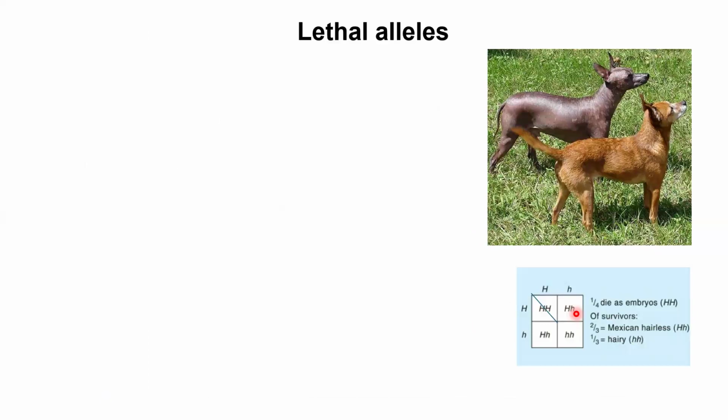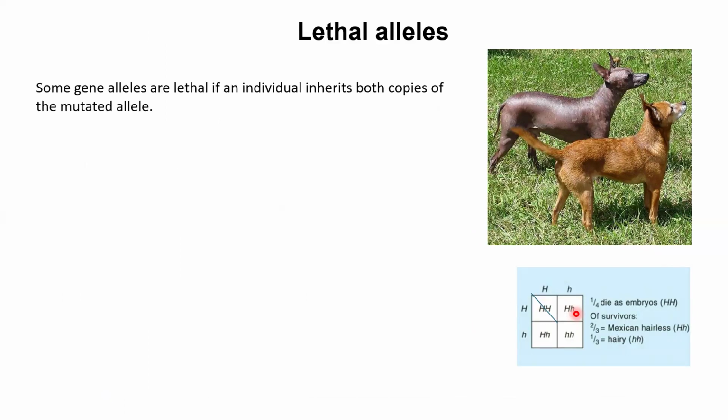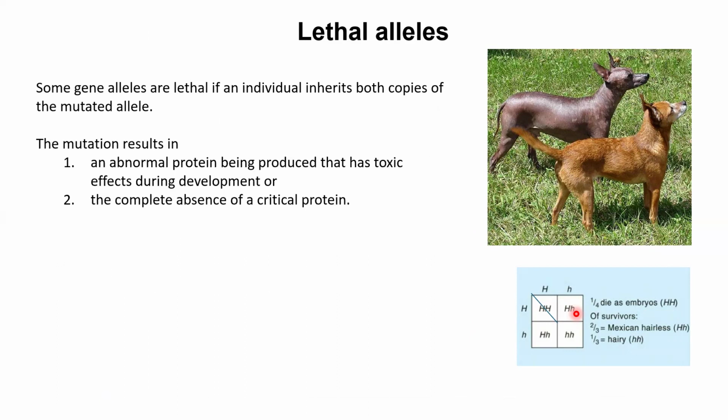So now we come to what are referred to as lethal alleles, where some gene alleles are lethal if an individual inherits both copies of the mutation. This mutation can result in abnormal proteins being produced with toxic effects during development, or the complete absence of a critical protein.